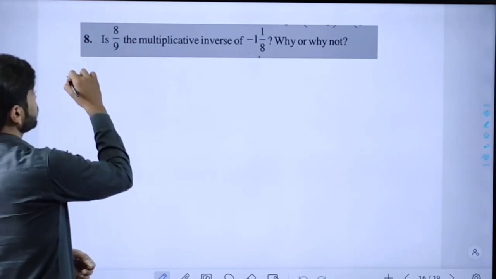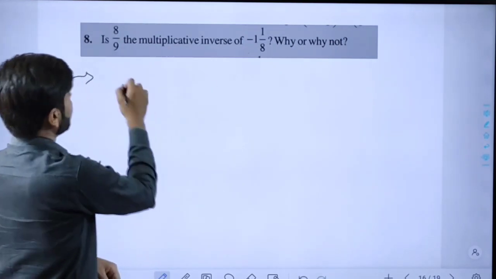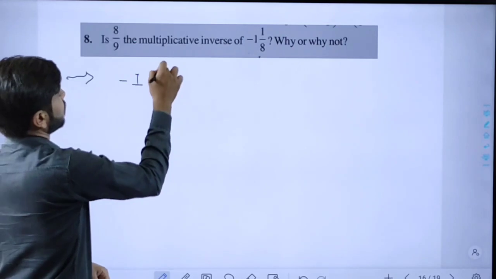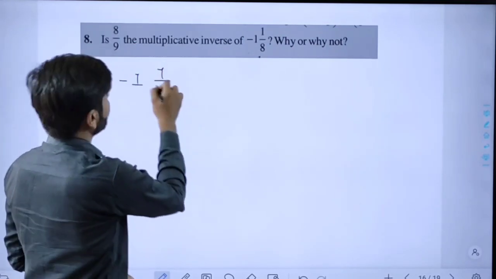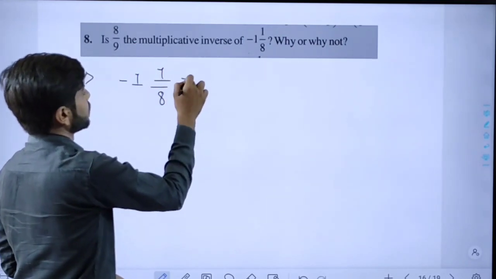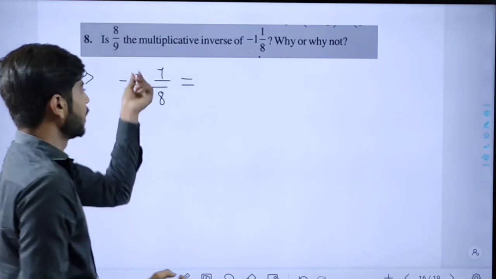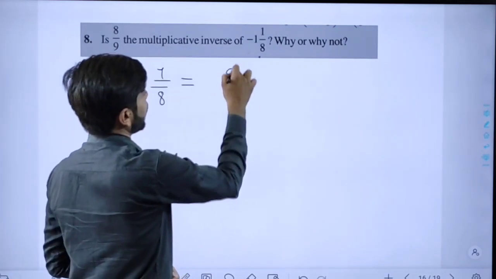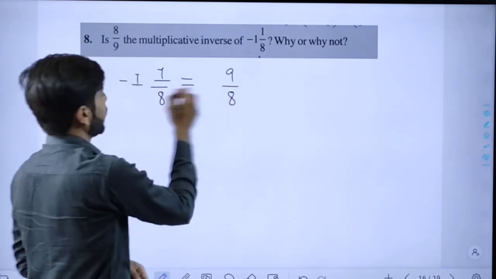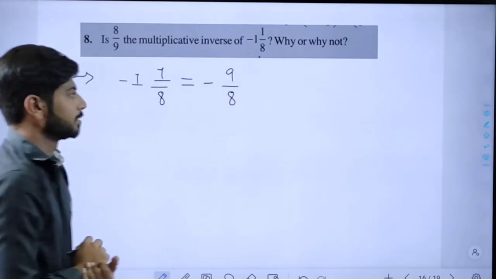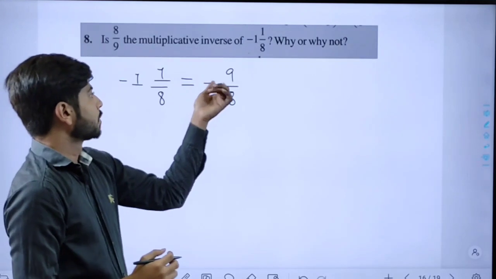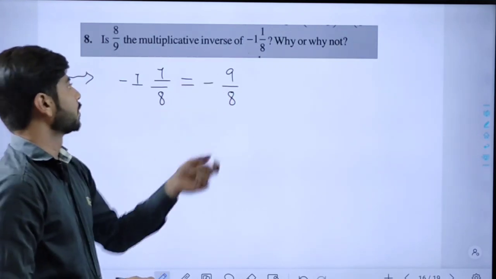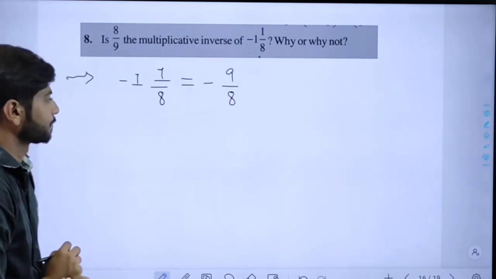So first of all, minus 1 upon 8 is equal to 8 ones are 8 plus 1 9 upon 8, and as it is negative we will put negative sign. Now we will multiply minus 9 upon 8 with 8 upon 9.